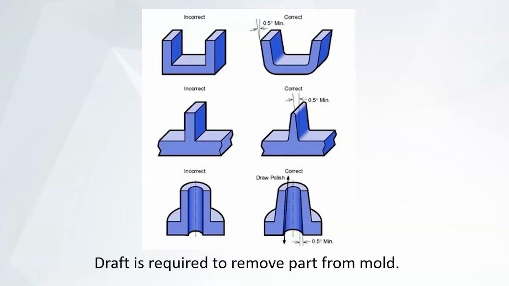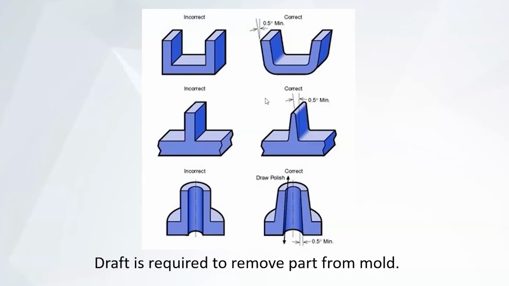Let's say, for instance, this part up here at the top. So you're going to have a top piece of the mold and a bottom piece of the mold. Well, to make the part slide out more easily, you can see they've added this angle here. Now this bottom half of the mold can pull out more easily than it could if there were no angle here. The draft is just a small angle.